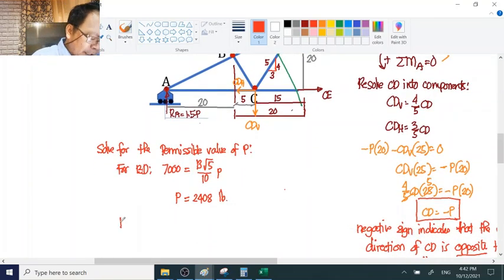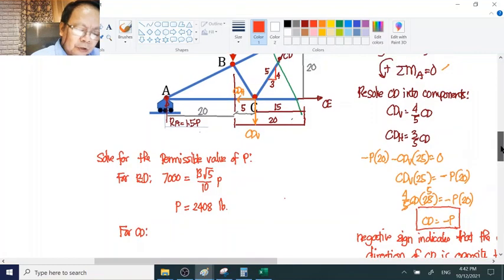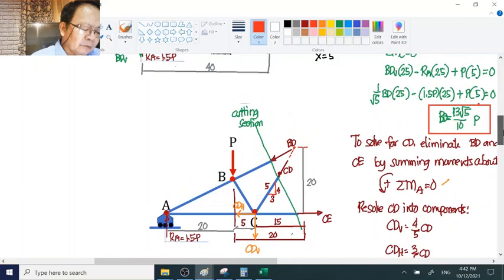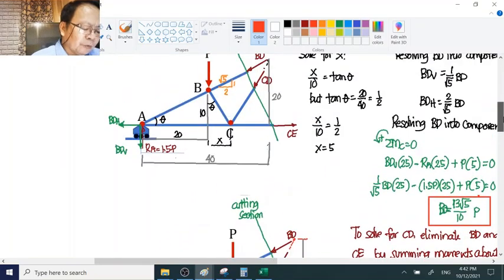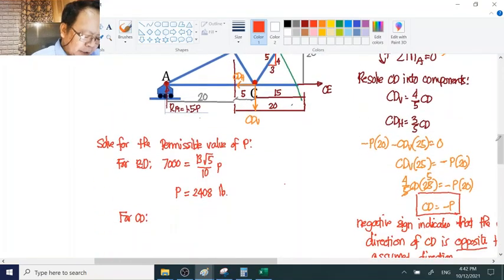Whereas for member CD, the maximum permissible load is 3,000. But we have computed that CD is equal to P. Therefore, P as controlled by CD will be equal to 3,000 pounds.